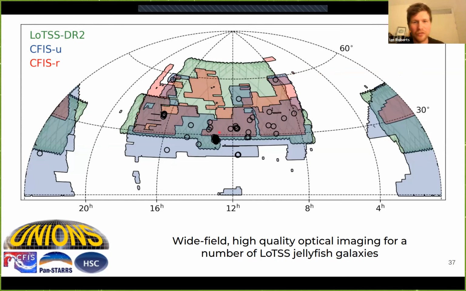This footprint is probably somewhat out of date for the CFIS imaging. But a lot of the jellyfish galaxies that we've identified are covered by this Unions imaging. And so we can use the U-band imaging to resolve star formation within these galaxies, and again, look on the leading side of these galaxies using the direction of the LOFAR tails relative to the rest of the galaxies.